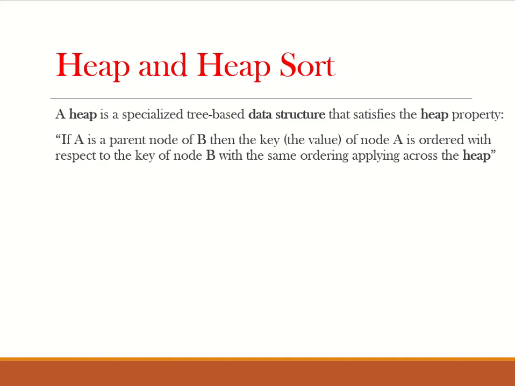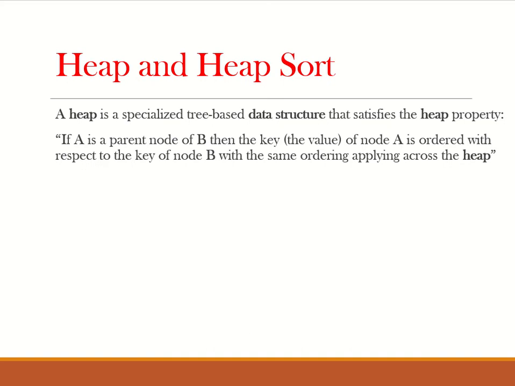Now talking about the heap property. The heap property says that if you have two nodes A and B, where A is the parent of B, then if there is an ordering to be applied between A and B, the same ordering should be applied across all the pairs of nodes, all the parent-child nodes of the tree.